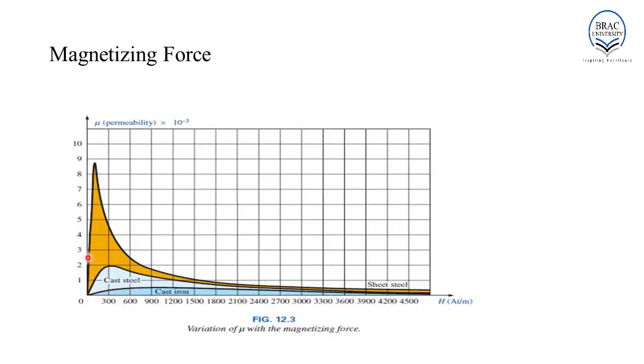In all three materials, it has been found that on increasing the magnetizing force H, the permeability of these materials increases, that is, they reach a peak value. But in all three cases, it's also found that after a certain value, the graph will decay and will reach a minimum point.